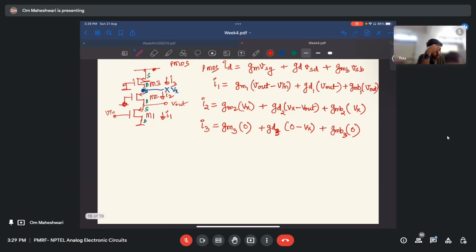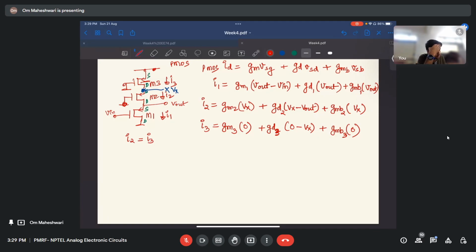So first of all, let us try to find a relation between Vx and Vout, because we want to eliminate Vx. At the end we only want the result to be in terms of Vout and Vin. To eliminate that, let us first take I2 equals I3.